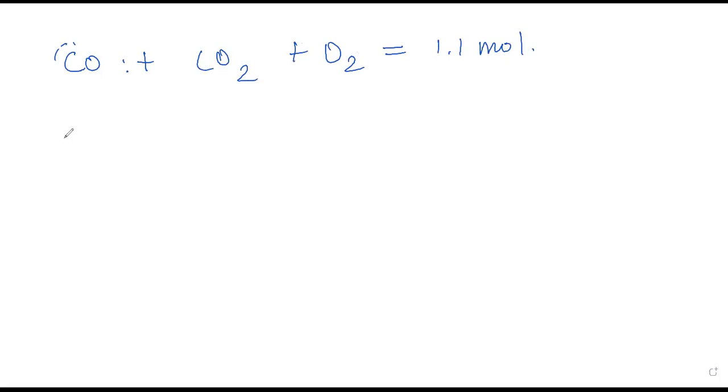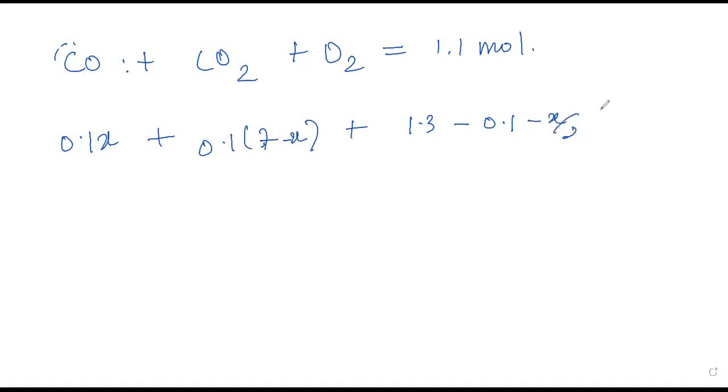Let's rewrite: carbon monoxide is 0.1x, plus carbon dioxide 0.1(7 minus x), plus the remaining oxygen 1.3 minus 0.1(11 minus x) by 2, equal to 1.1.